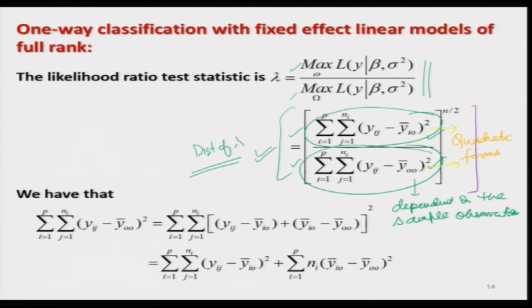So, now you can see that this knowledge is going to give you a hint of how you want to proceed further. Our objective is very simple: I would like to simplify these two quadratic forms in such a way that I can find the distribution of lambda easily. So, I try to do the same type of algebra which I did in the case of the likelihood ratio test, but now we are not using terms like y, x, beta hat, etc. Do you remember that we had expressed this lambda in the format of 1 plus q1 upon q2 raised to the power n by 2, and then later on minus n by 2?